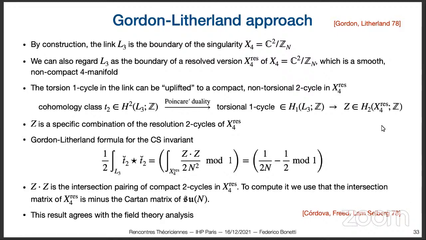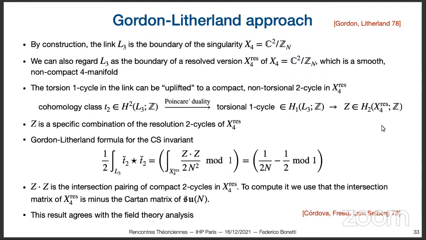And then you can go ahead and compute the intersection Z.Z using, for instance, the fact that the intersection pairing is the same as minus the Cartan matrix of the ADE singularity, which is a well-known fact about C2 mod gamma spaces. So the take-home message is that an apparently hard and abstract computation of the Chern-Simons invariant can be mapped to a much more familiar computation of compact cycles in a resolved Calabi-Yau space.